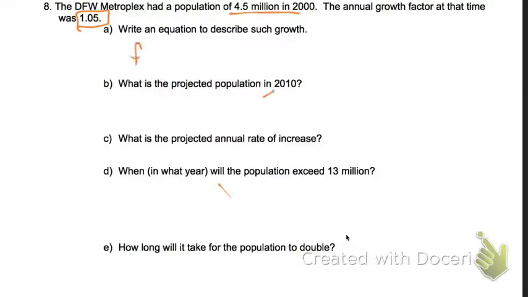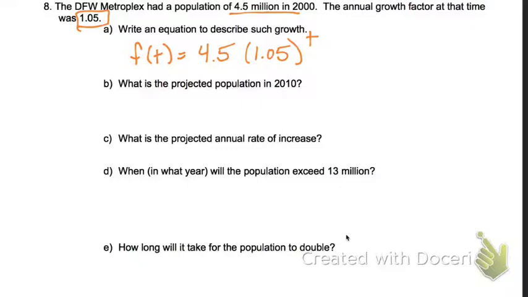You would just say f of t equals 4.5 million, 1.05 to the t power. So with that, if it gives you the growth factor, you just put that in parentheses. It's the same thing as saying it's increasing by 5% every year. So whatever is in parentheses is considered your growth factor.